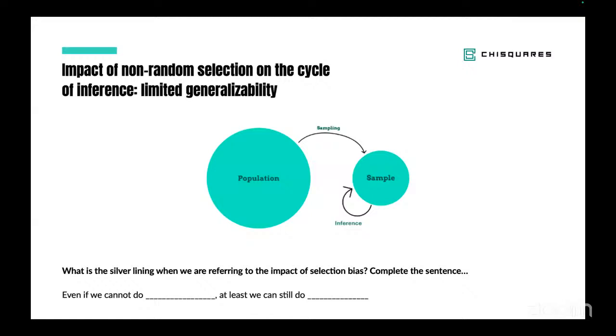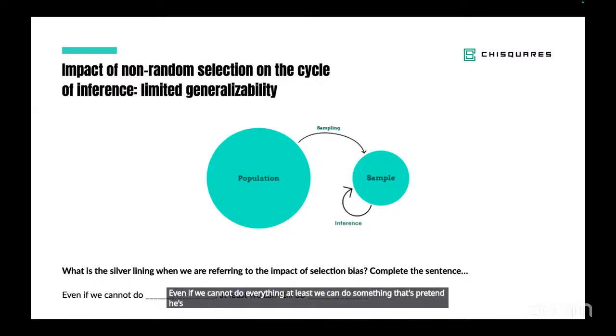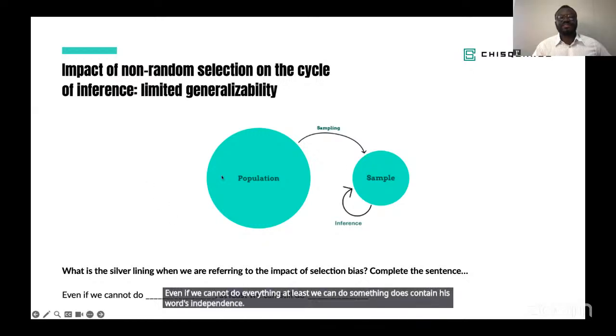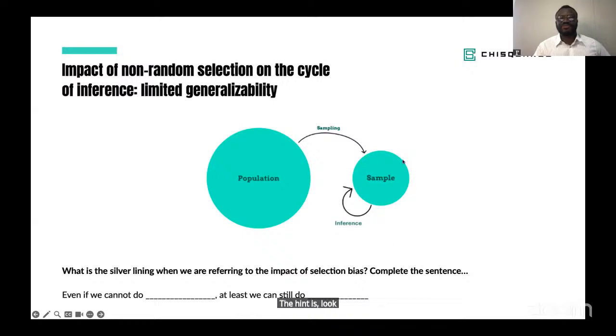Someone in the chat said, even if we cannot do everything, at least we can do something. That's putting his words in a sentence. Okay, the hint is to look at this cycle of inference and use that to answer the question.